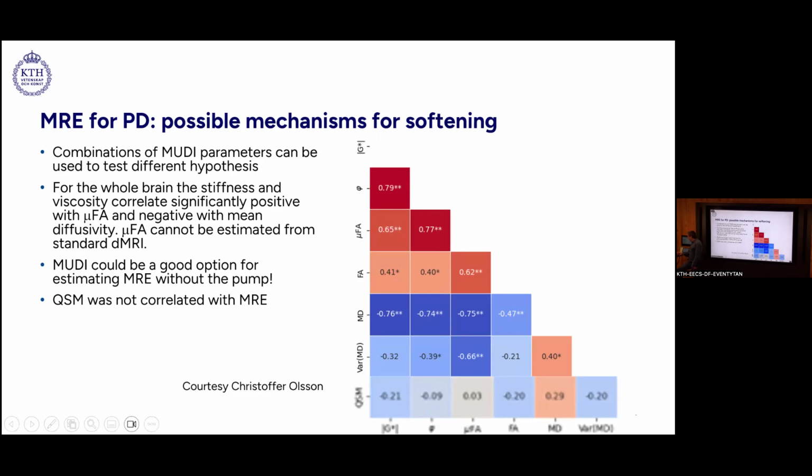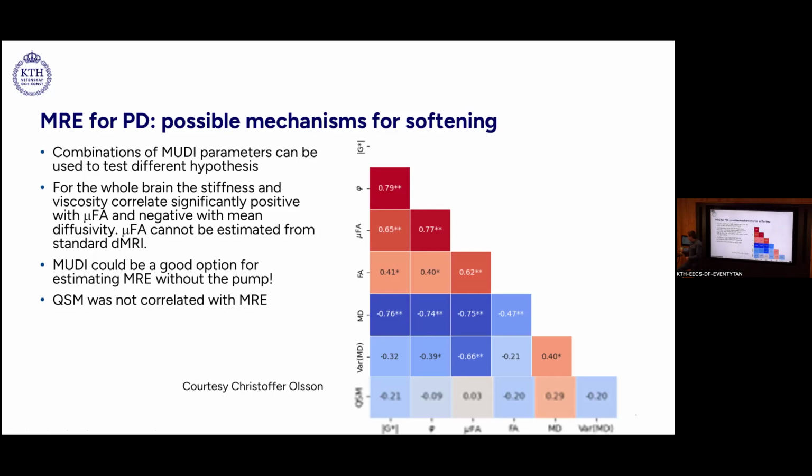But yeah, QSM is not really correlated with mechanics, while some of the other parameters of Moody are very much correlated with mechanics. We also found that these correlations depend on the region of the brain you are in. So in some regions, the correlations are higher. In the midbrain, for example, it is not so high.